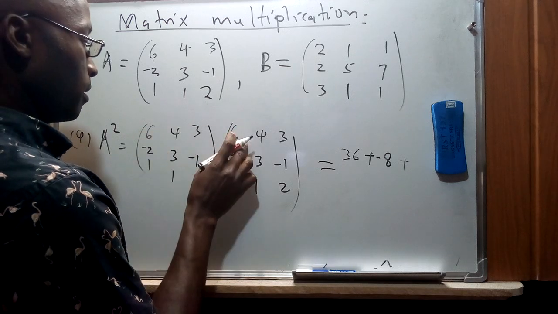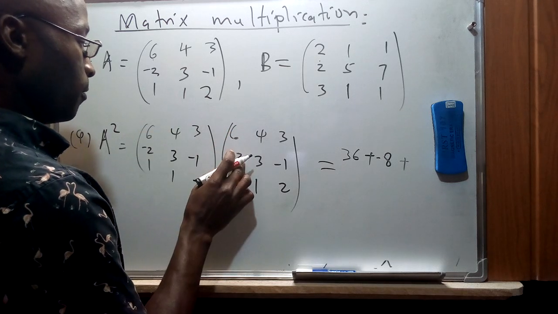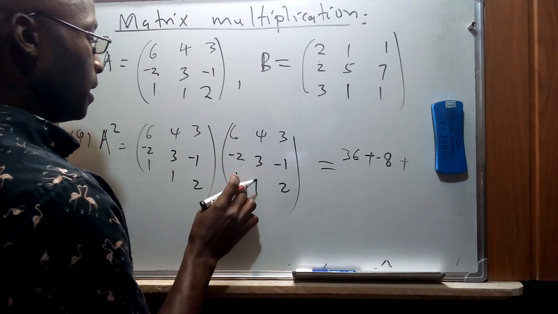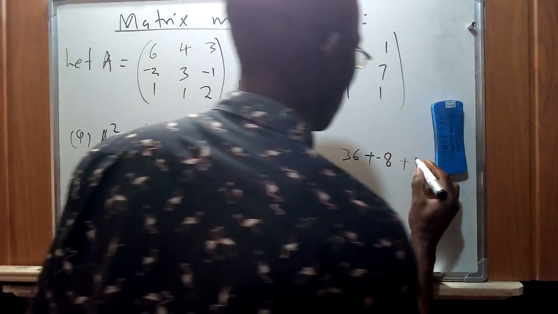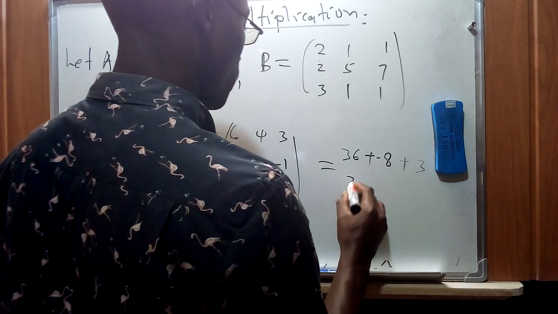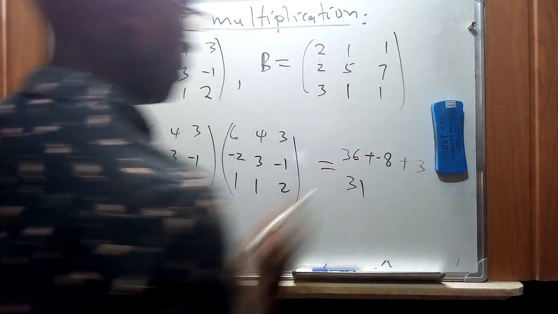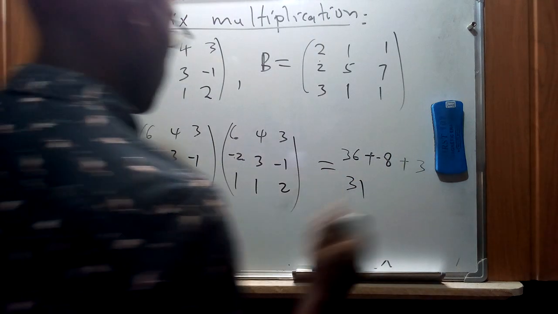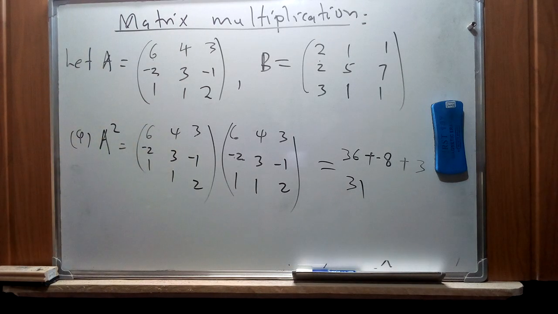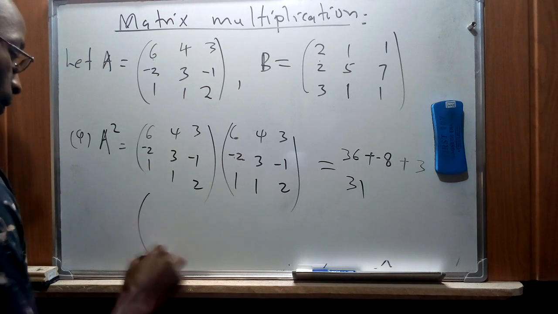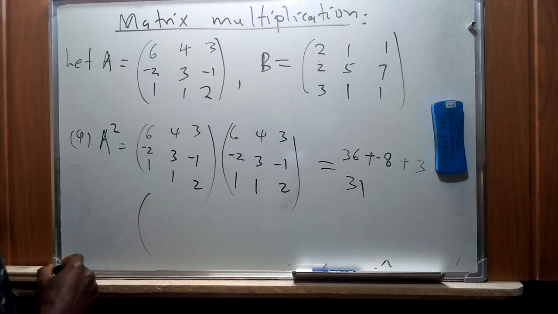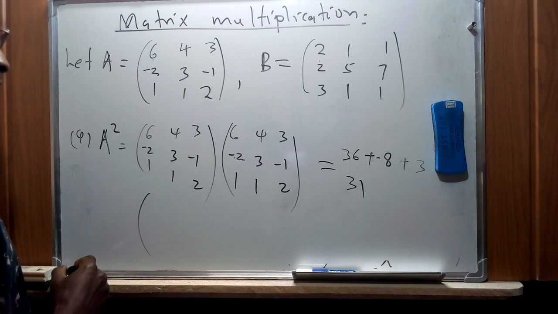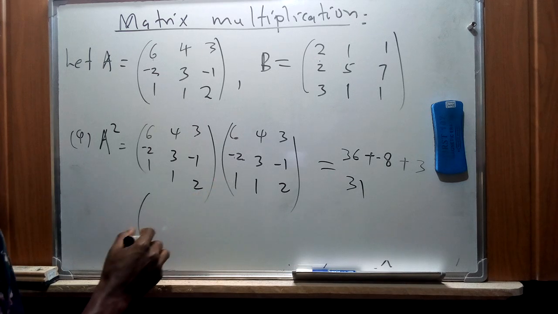This is 6 times 6, 4 times -2, 3 times 1, this is 3. So the answer that we're going to find for this case is going to be a matrix of that same order, that M by S that we had talked about for that general representation.